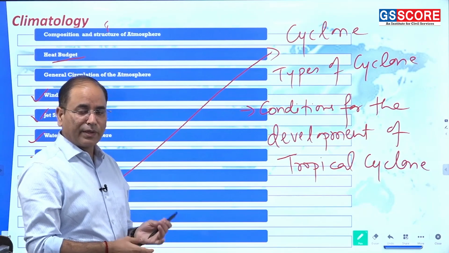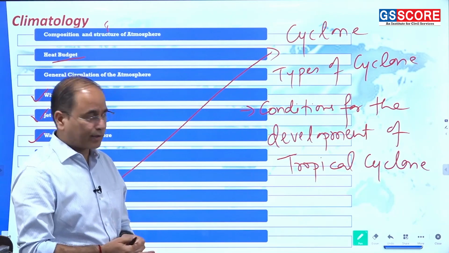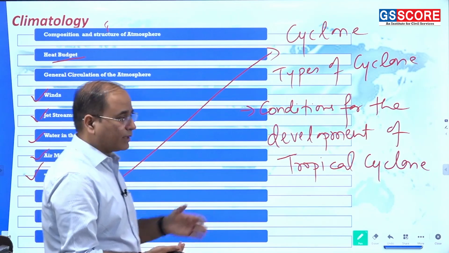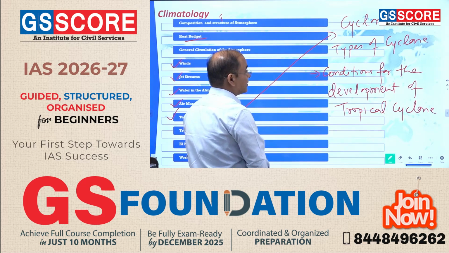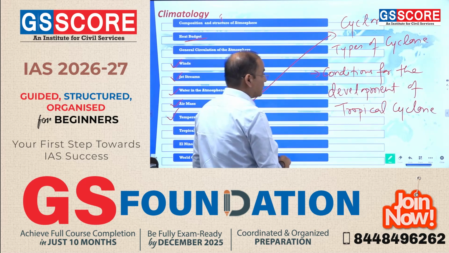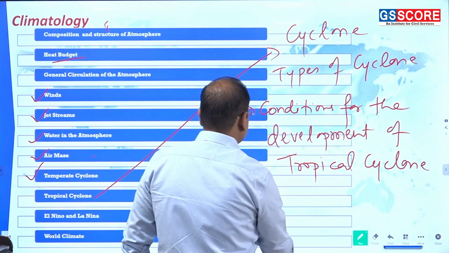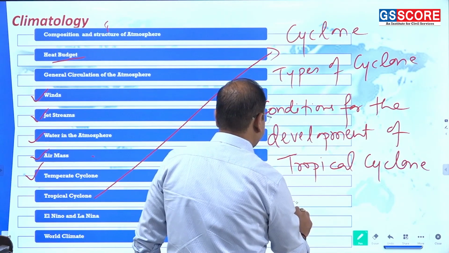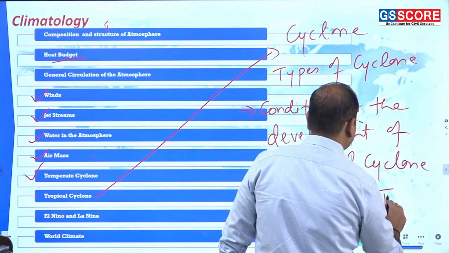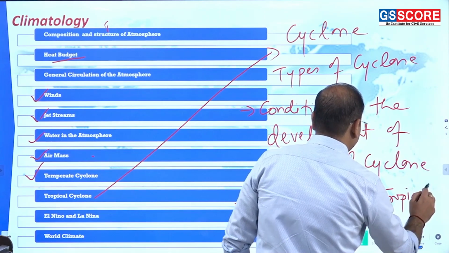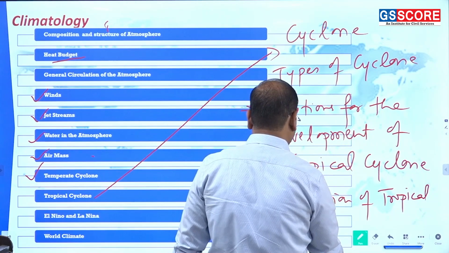तो front में आप temperate cyclone पढ़ेंगे, tropical cyclone separately पढ़ेंगे. So these are the topics under the tropical cyclone that you are supposed to study. Types of cyclone, conditions for the development of tropical cyclone, then distribution of tropical cyclone.